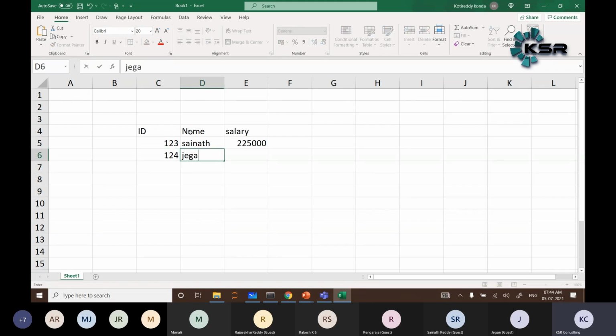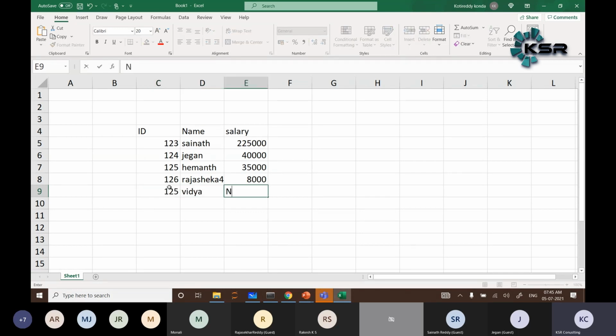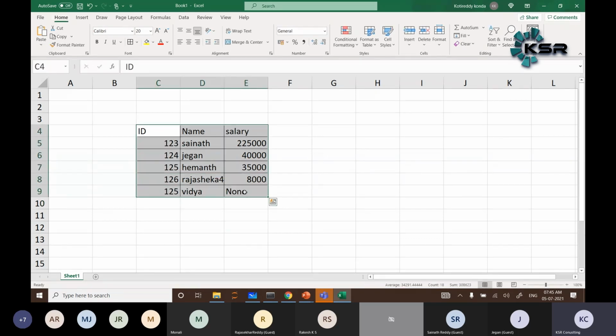Then 124, Jagan, with a salary of maybe 40,000. 125, a fresher with 35,000, 40,000 per month. 126, Rajashekar, 8,000. Then Vidya, who is not working, so no salary, none. This is table information.